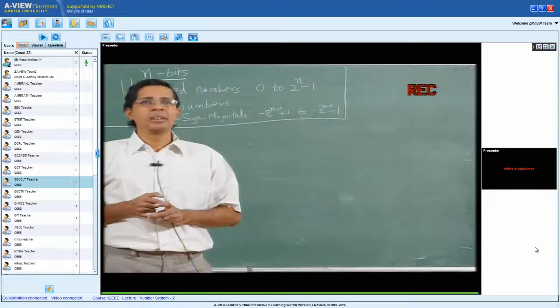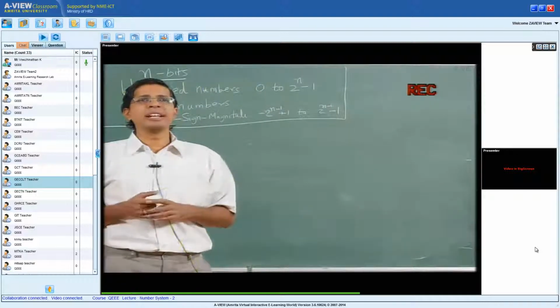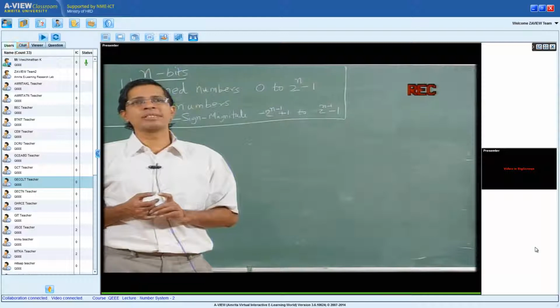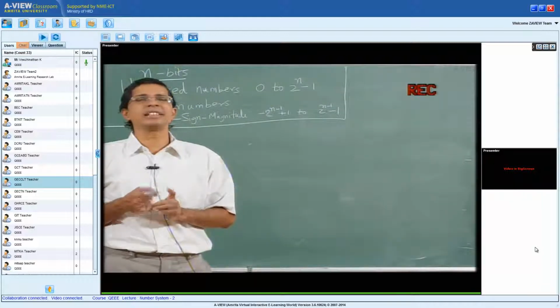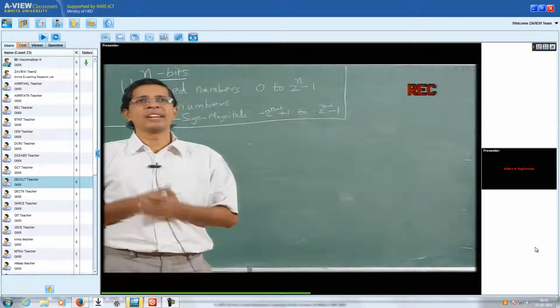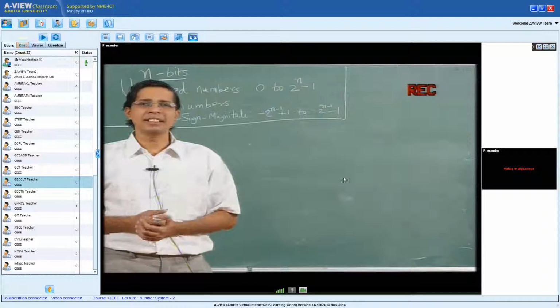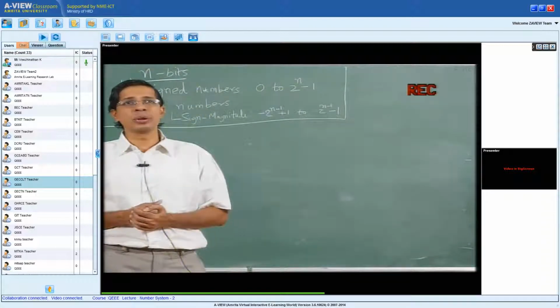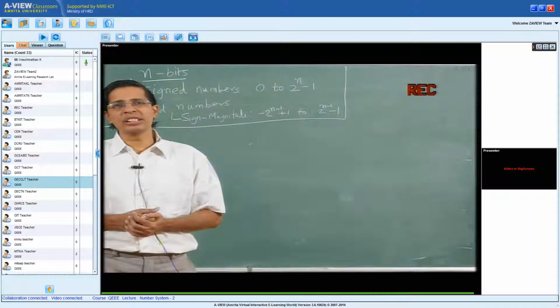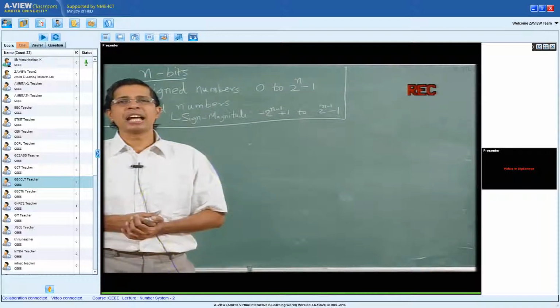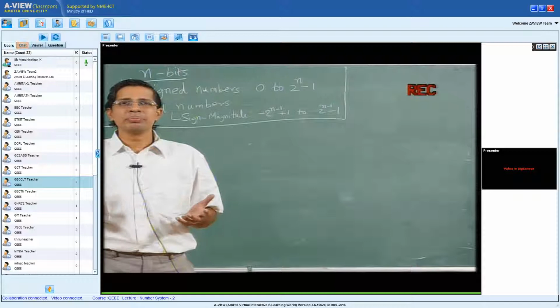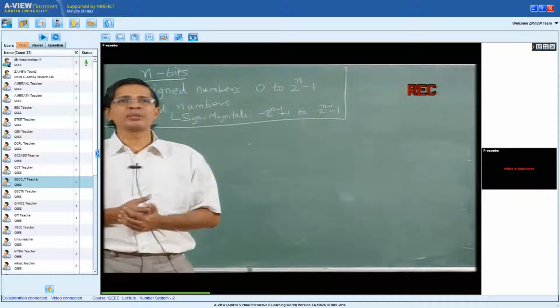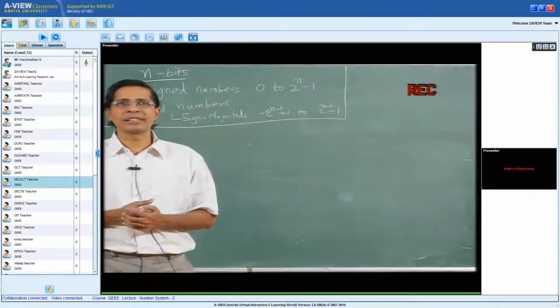And why we are doing it, I again repeat, we do this because the hardware can do only unsigned addition, and we have to model all our signed arithmetic using this unsigned addition. So what sort of representation we will look at? First, in the next 10 minutes, I will be making the foundation for understanding this representation.